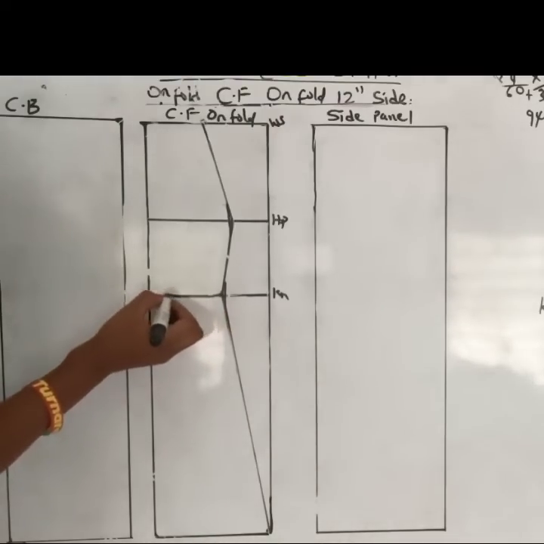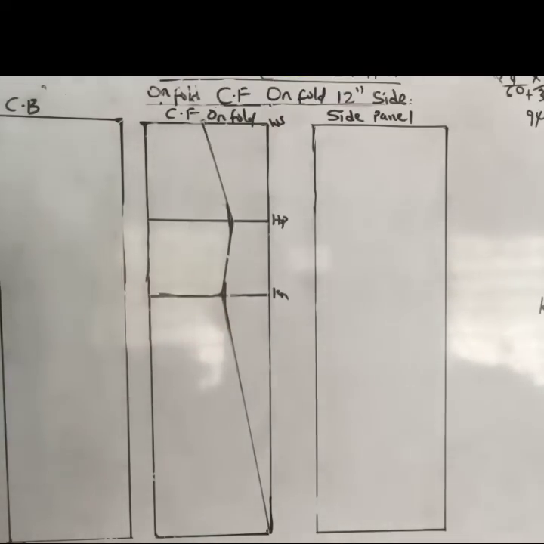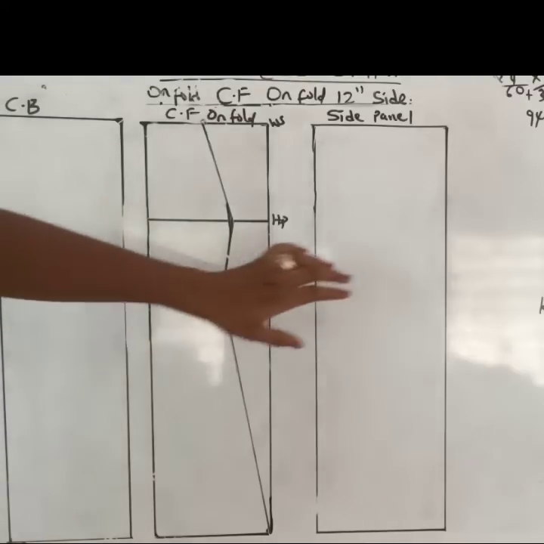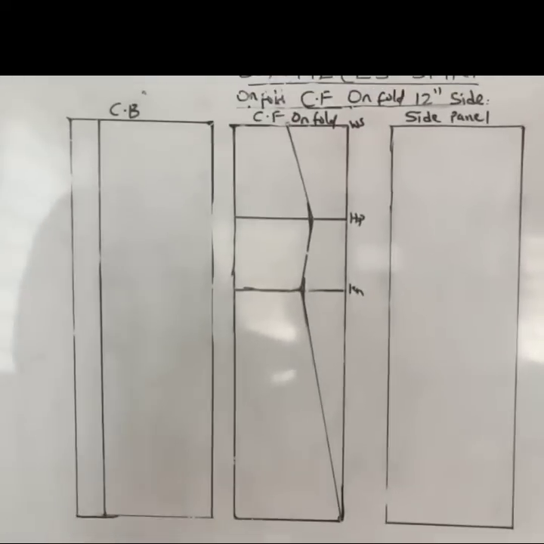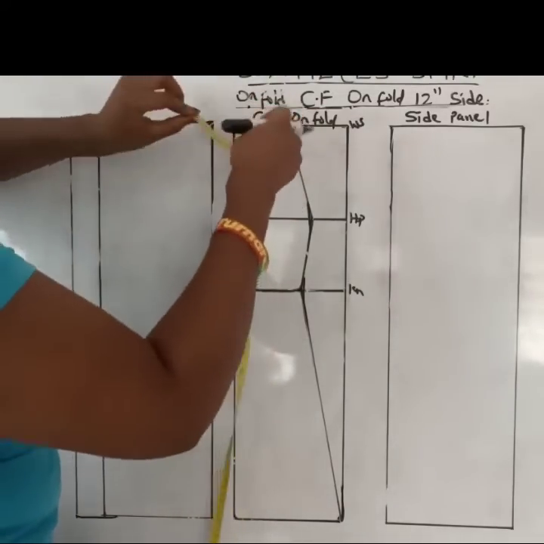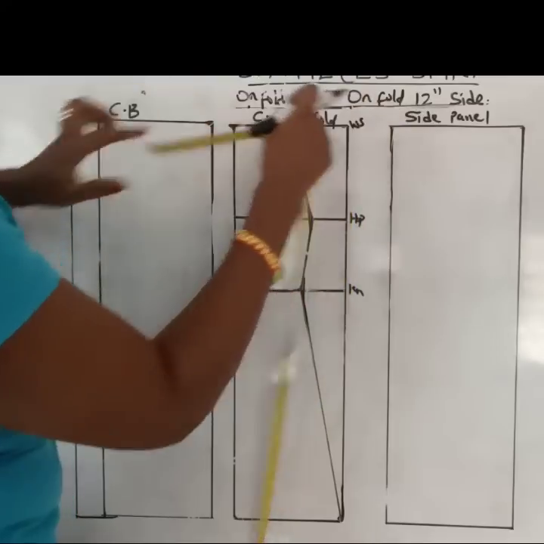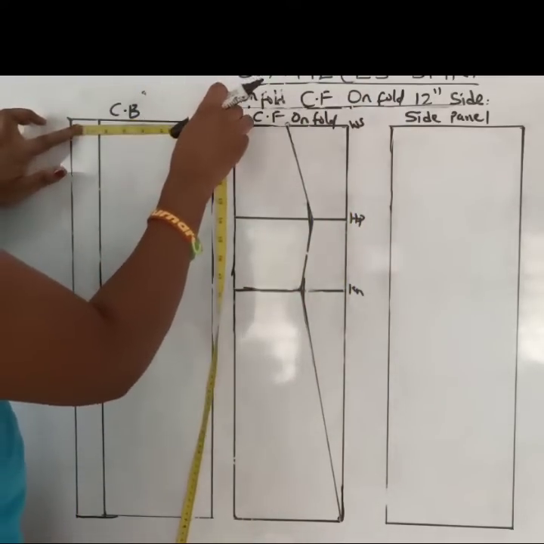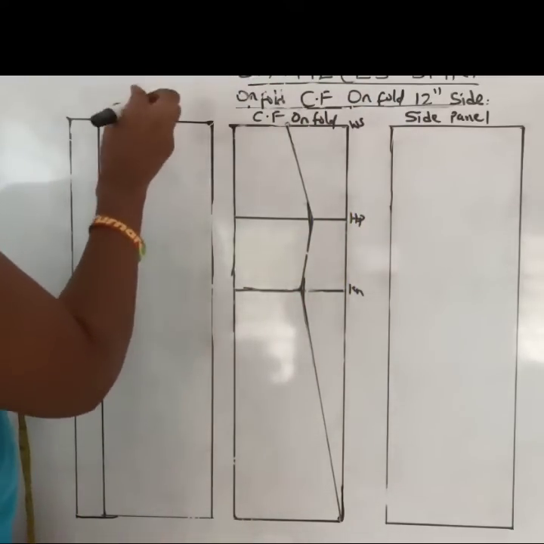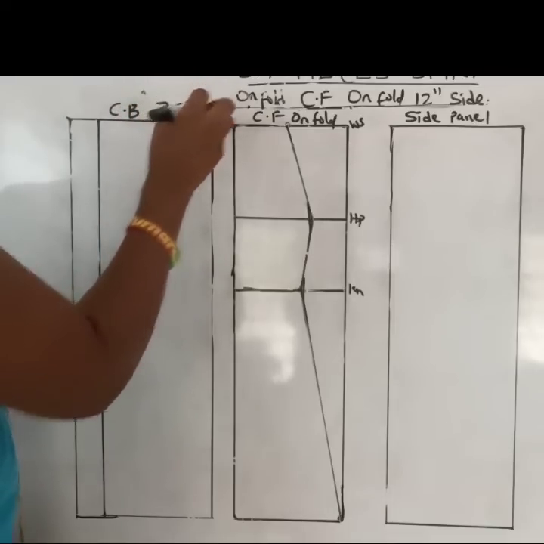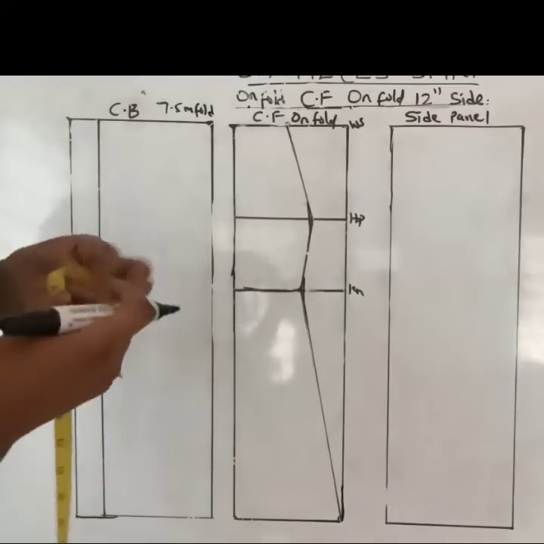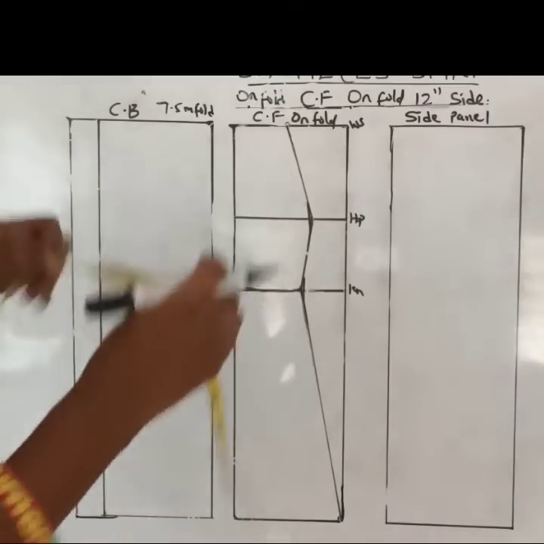After you have gotten the center front, the next thing is to cut the side panel. Before we go to the side panel, let's see how the center back will look, because we can still use the center front to cut the center back. Now for the center back, whereas we use 6 inches unfolded for this, we are using 7.5, which means when you open it up, you are going to have 15 inches.